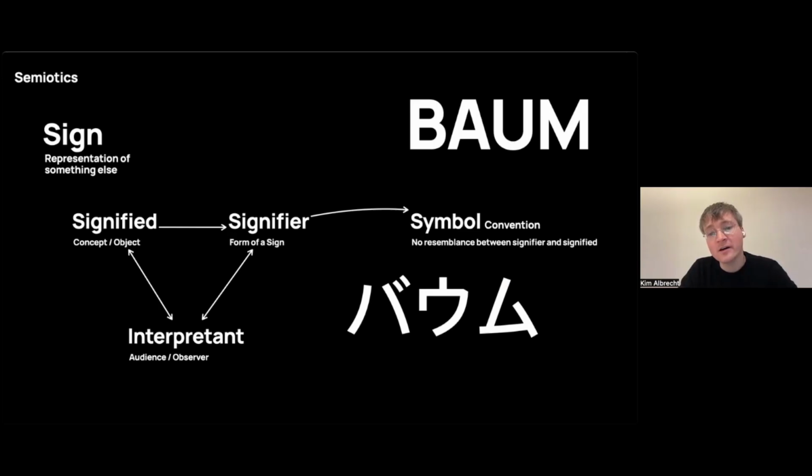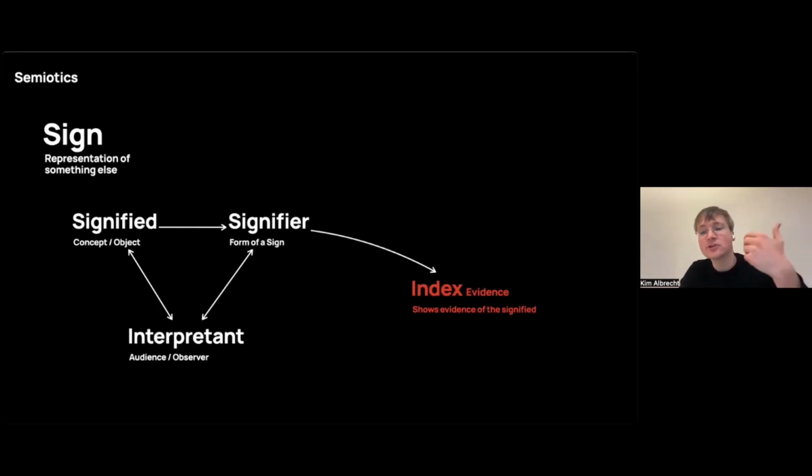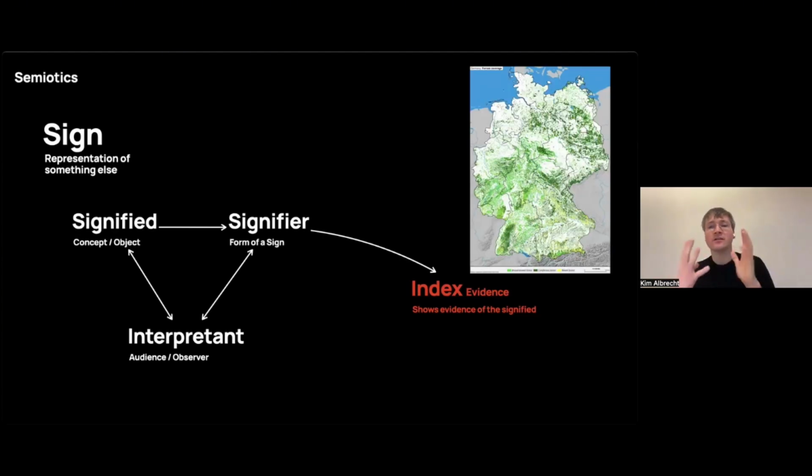And then thirdly, there's the index. And the index is meant to show evidence of what is being represented. And a very common example of this is an image of smoke that indicates fire. But I also think this is where information design lies.